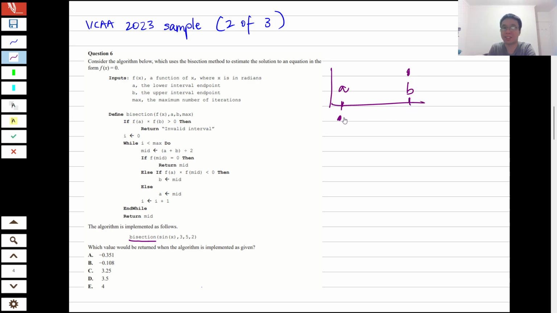Because the function is continuous, it has to cross the x-axis somewhere between a and b. So what we will do is we will guess that essentially the x-intercept happens halfway between a and b.